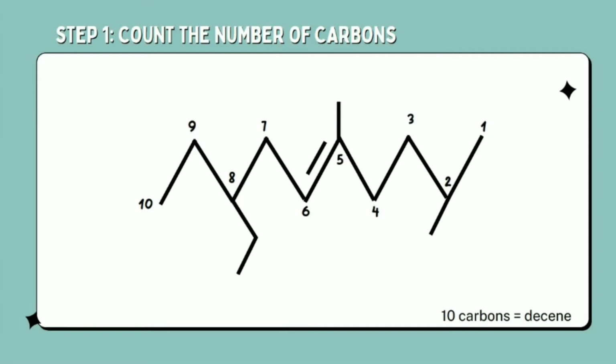We started numbering it from the right to left since the alkyl is closer to that end. You will start here: 1, 2, 3, 4, 5, 6, 7, 8, 9, and 10. So you will have 10 carbons.